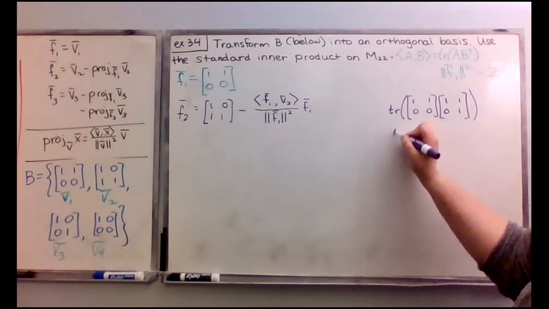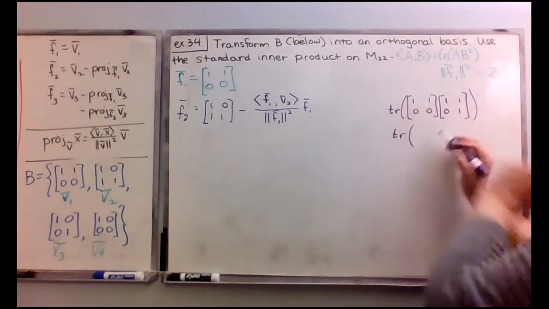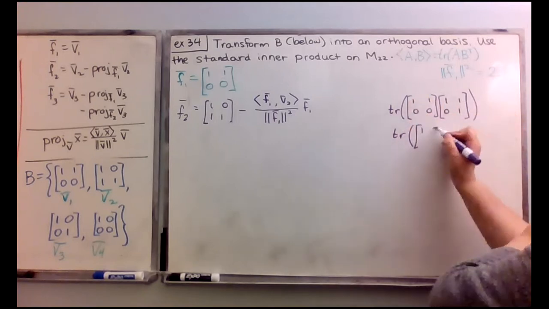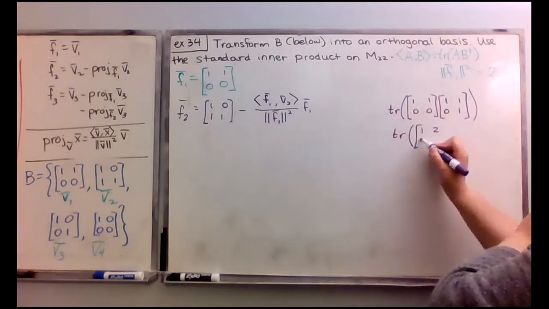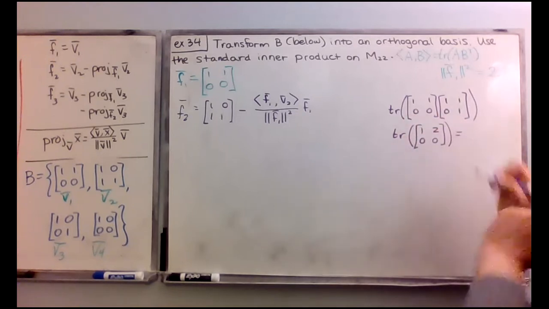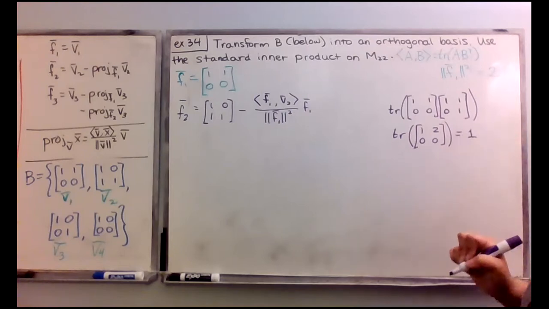So this is going to be the trace of, let's see, 1 plus 0 is 1. 1 plus 1 makes 2. 0 and 0, 0 and 0. Okay, so our trace here is going to be 1.